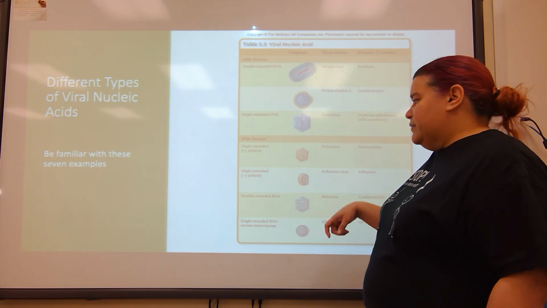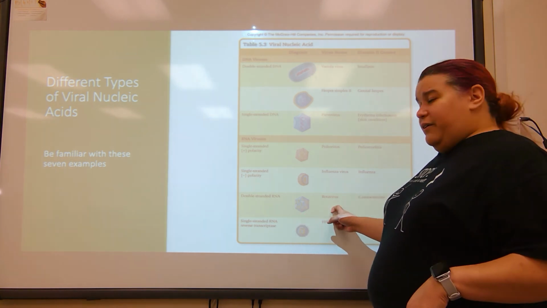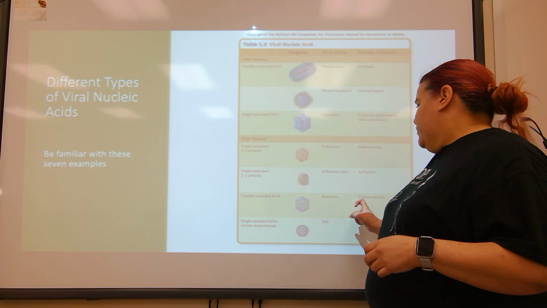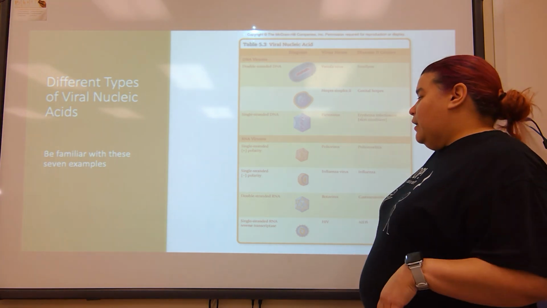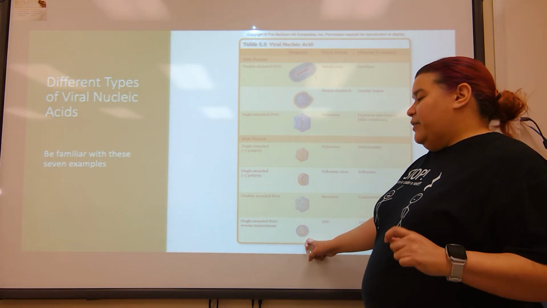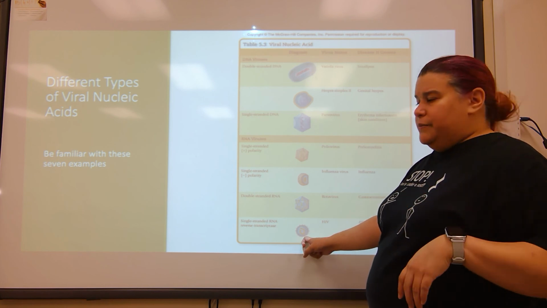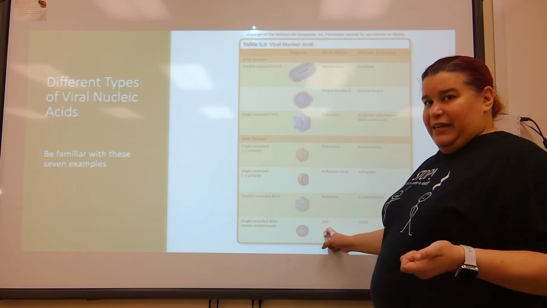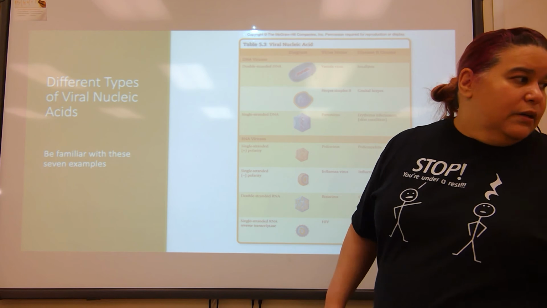An example of double-stranded RNA would be rotavirus. Rotavirus causes gastroenteritis, it causes intestinal issues. A single-stranded RNA reverse transcriptase virus, in other words, a retrovirus, is going to be HIV. It causes AIDS. All right.